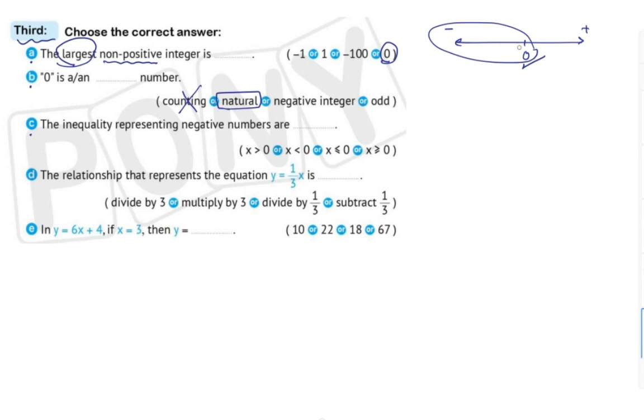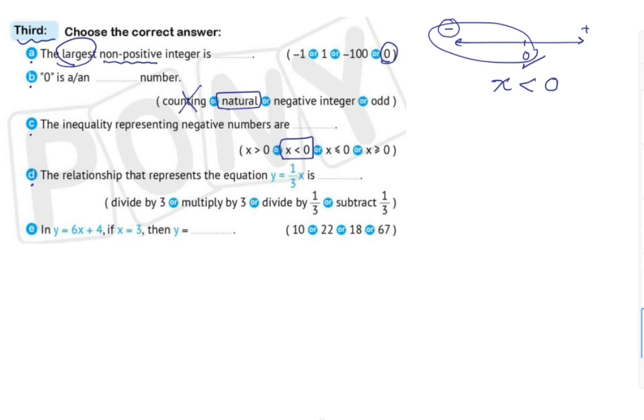A negative number is any number less than 0, because 0 is not negative. So any number x less than 0 but not equal to 0 is a negative number. So the inequality for negative numbers is x less than 0.